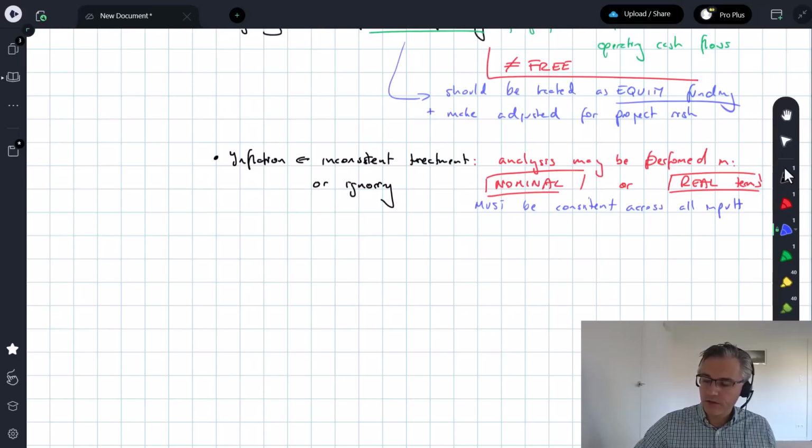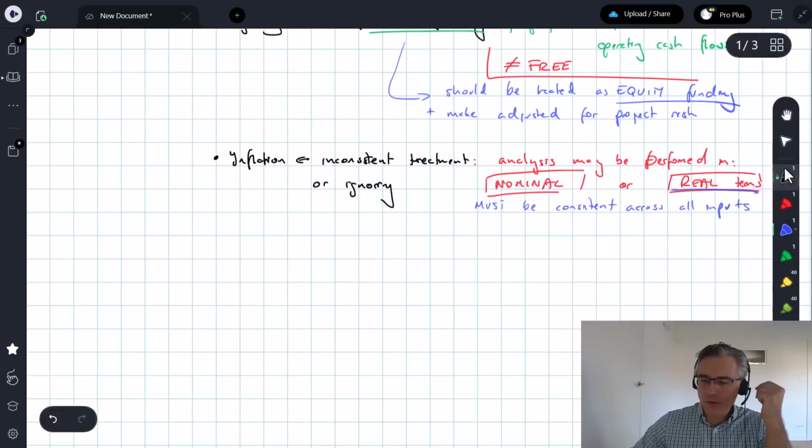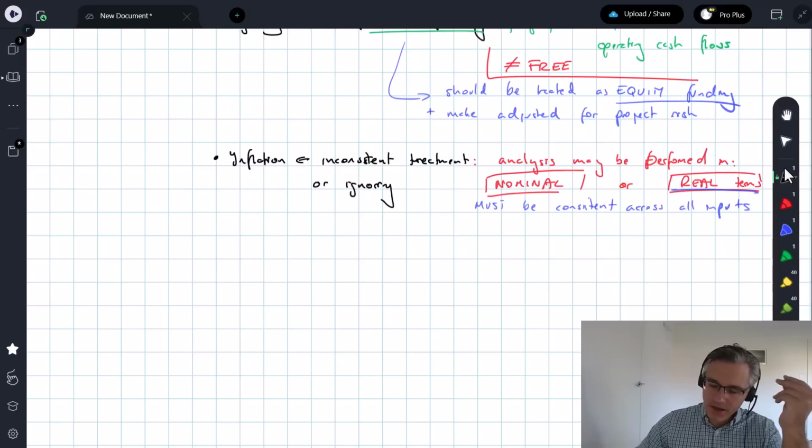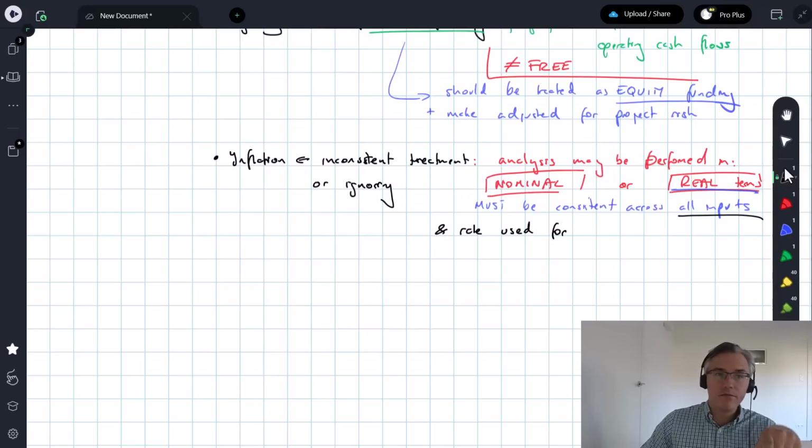It's no good estimating sales figures in real terms, so without adjusting for inflation, and then doing something different, like a nominal approach to costs, because that just isn't comparable. And what people often forget is that you must also not just be consistent across inputs, but also in the rate used for discounting, so your required rate of return in your NPV.